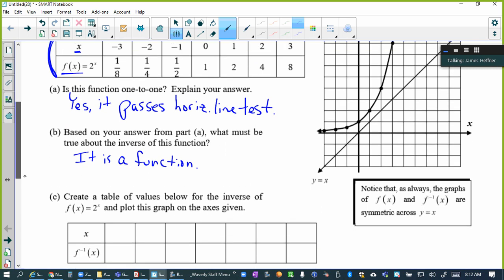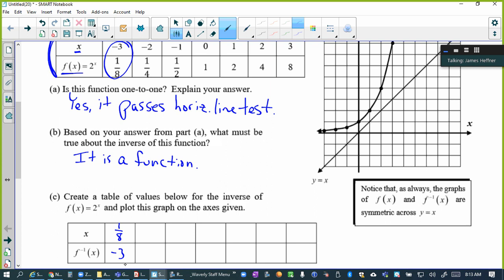To start out here, still on the same page, what will be our first value in the table for x, for the inverse, if we're switching them from the table above? Everybody see this here? 1/8. So 1/8 will go here, and then what goes in the y? -3, right?